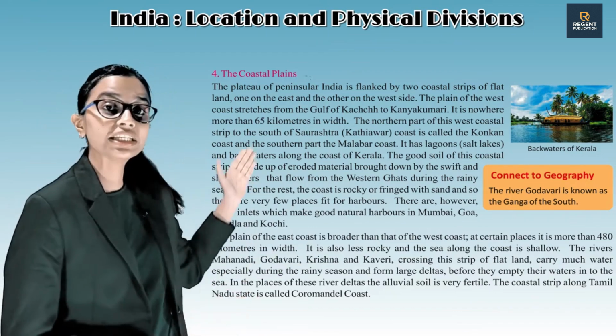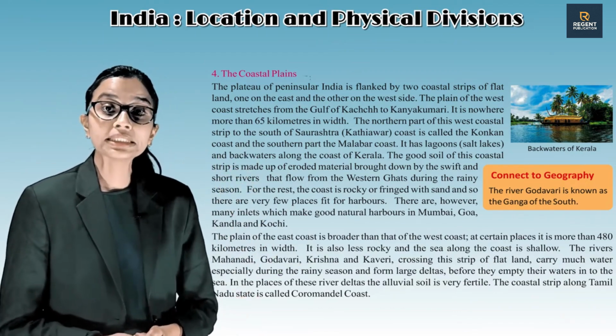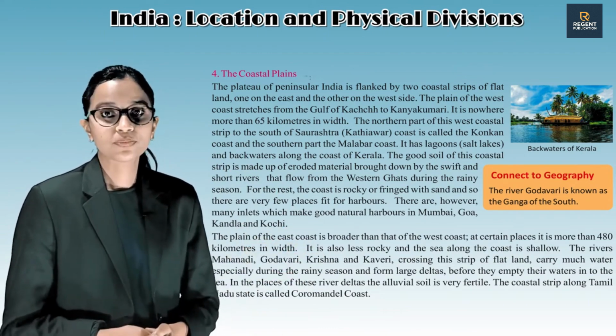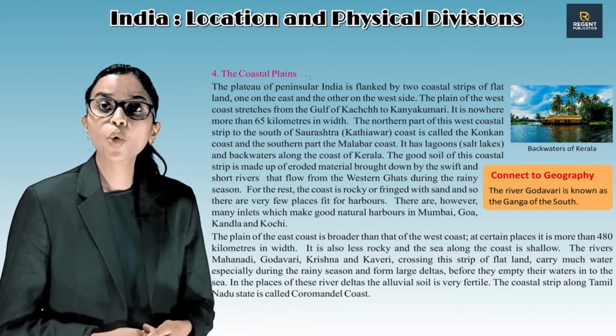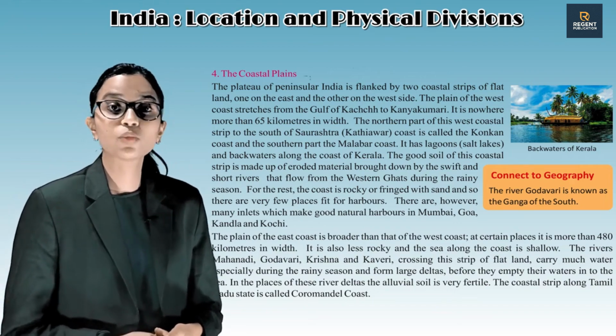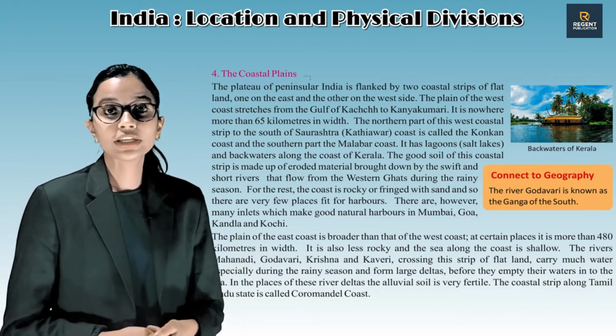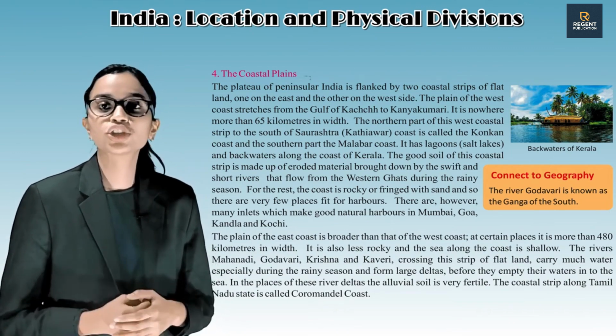The plain of the east coast is broader than that of the west coast. At certain places, it is more than 480 kilometers in width. It is also less rocky and the sea along the coast is shallow.